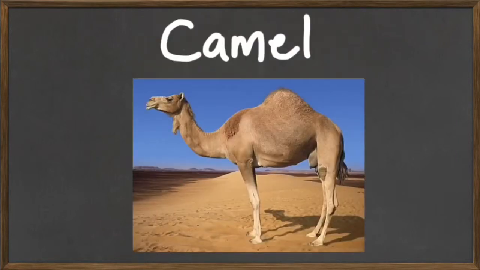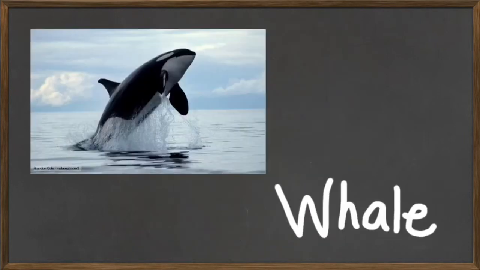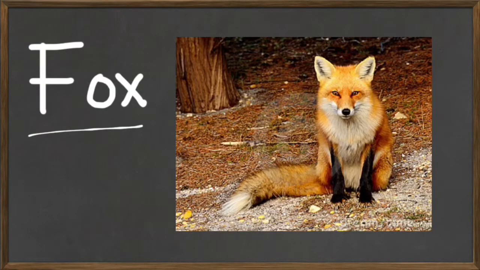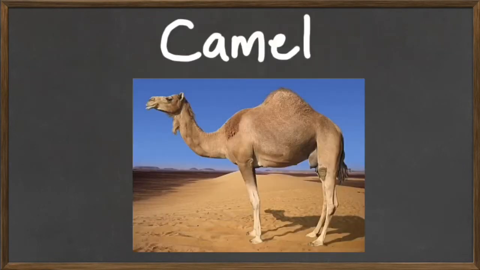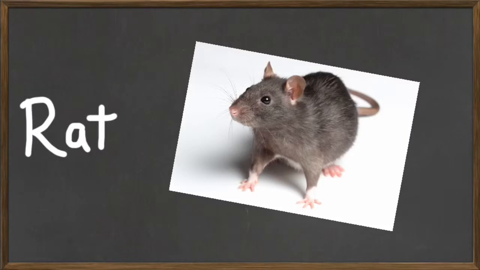Camel, camel, camel. Let's go back a little bit. We have fox, whale, bear, and camel. The next one, rat, rat, rat. Okay, only a few examples of animals.